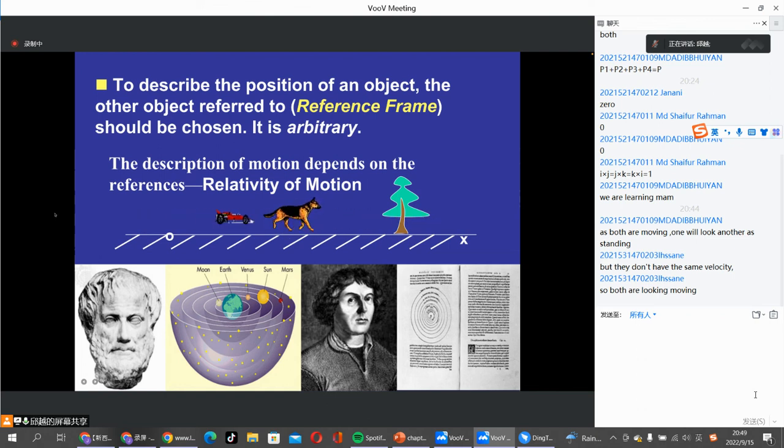So this student, Janani's answer is right. And we will also say, yes, DIP's answer is right.